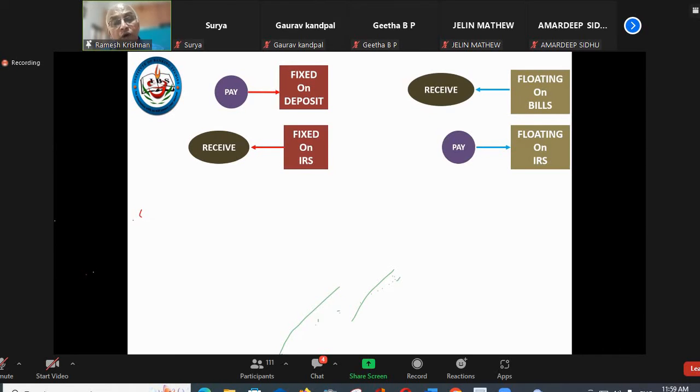Now, if you do a swap to receive fixed and pay floating, what happens? One benchmark against the other. Floating benchmark you pay and you receive fixed, that is the interest rate swap. The market will quote 3% against floating 3-month LIBOR or 6-month LIBOR, like that. So you get that fixed rate from the interest rate swap, and this will be independent.